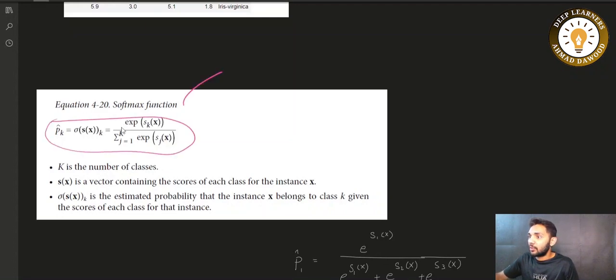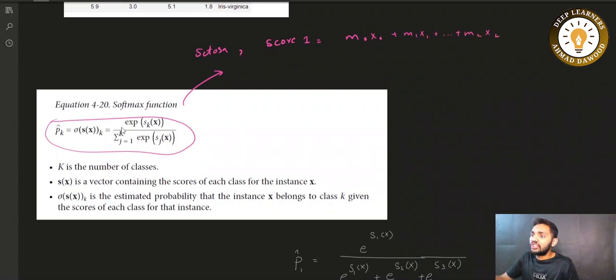If you want to see the probability of class 1, let's say class 1, which is setosa, we have our score, which is score 1, let's say m0 x0 plus m1 x1 up to m2 x2.